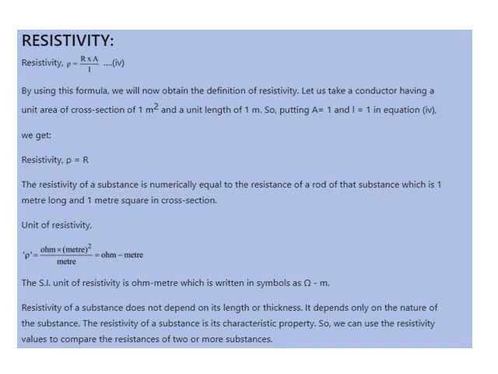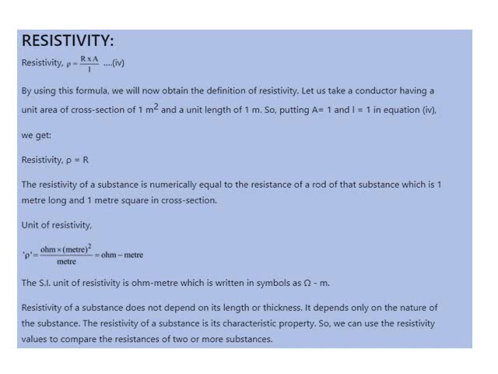Children, we will see about the Greek letter rho, that is resistivity, with this slide. So we have seen the formula for rho. Rho is equal to RA by L, where R represents resistance, A represents the area of cross section, and L represents the length of the conductor.